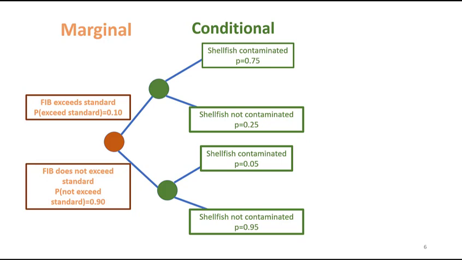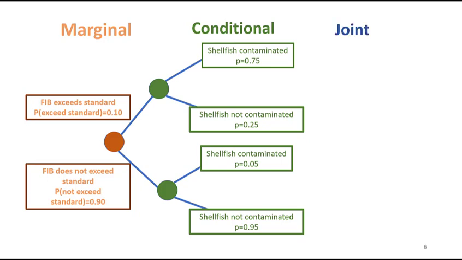So we have the marginal probabilities and the conditional probabilities that were given in the problem. We can now calculate the joint probabilities, which we know is the product of the marginal and the conditional probabilities.